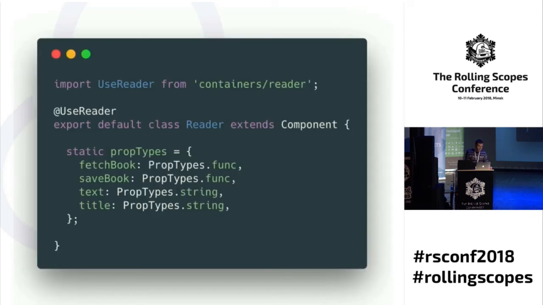What did we do? We opened reader.js and looked at what props this component expects. So: a fetch book function, a save book function, text as a string, and title as a string. After that, we created a higher order component that collects all needed data and implements all those functions using Realm.